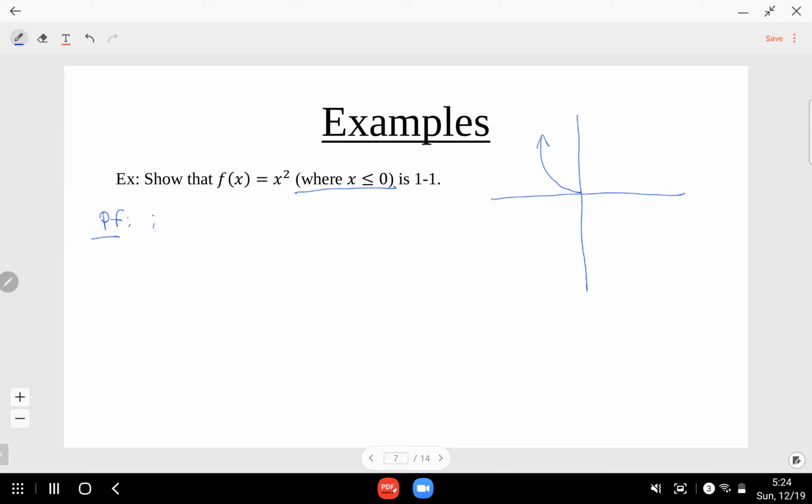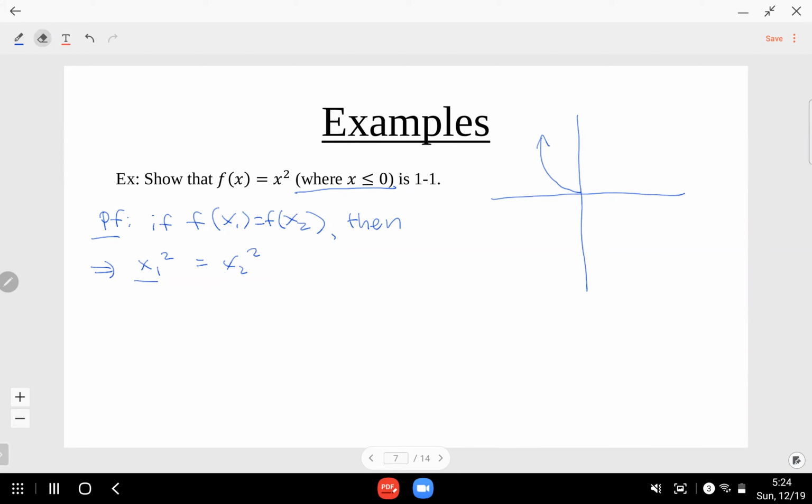First, let's set up the condition. If f of x1 is equal to f of x2, then we get x1 squared is equal to x2 squared, all right? Because we just plug that into f of x. f of x1 is equal to x1 squared, and f of x2 is equal to x2 squared, and if they're equal, then we can set them equal.